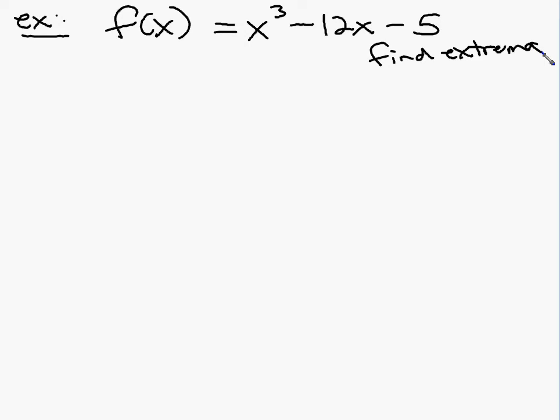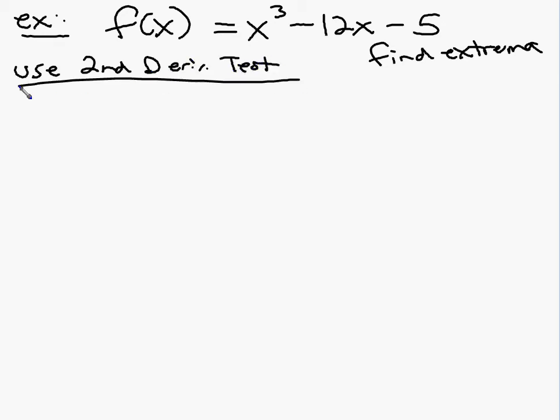And we want to use the second derivative test. Okay? Well, the first thing we need to do is find our critical points. To find our critical points, we always start by finding the first derivative, which in this case is 3x squared minus 12.